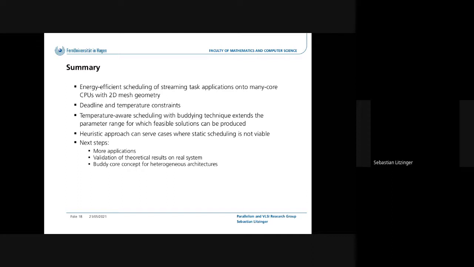And you can also get some results here, but no time for that. And well, the next steps would be maybe to try more applications, although the results for these two were pretty similar, but maybe larger applications or differently shaped. And then very importantly, do a validation of these results on a real system.